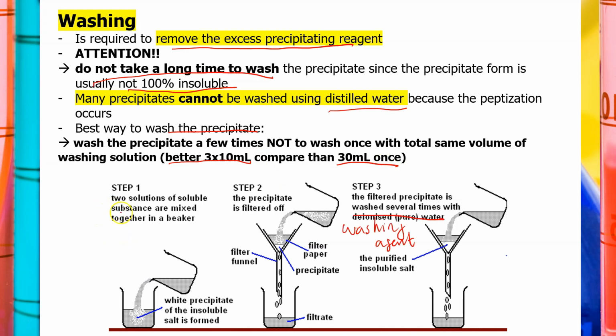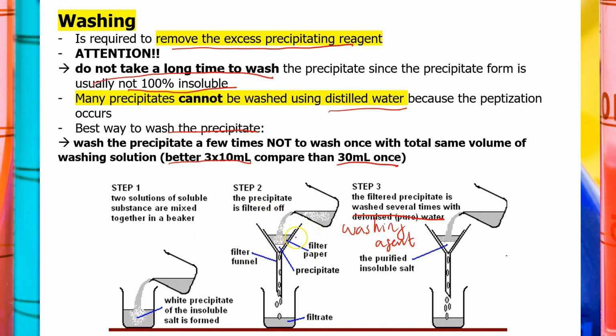So here are the steps that combine the filtration and washing process. First, when two solutions of soluble substance are mixed together in a beaker, it will produce a white precipitate. Then, the precipitate of white salt will be filtered through the filtration process.